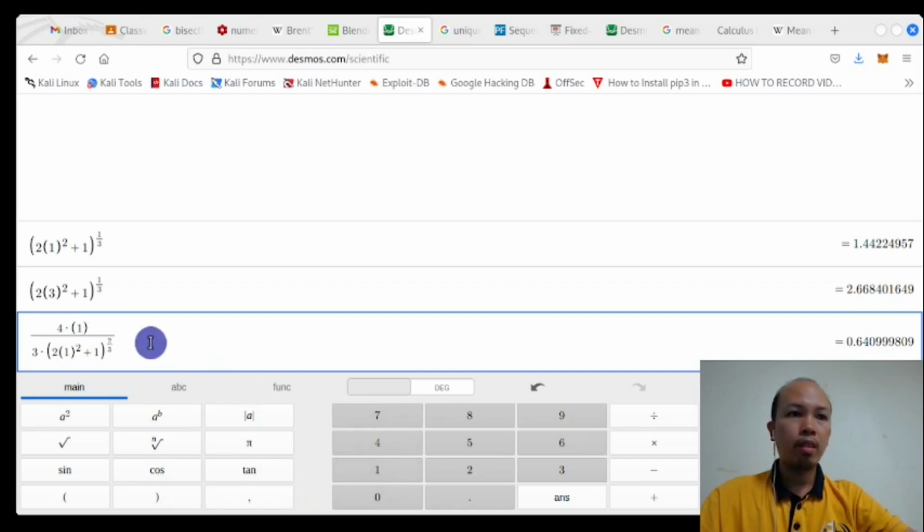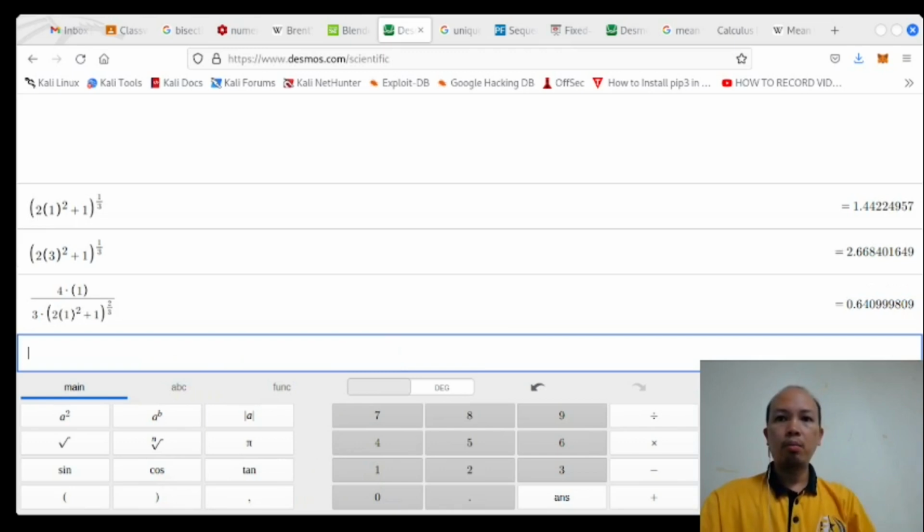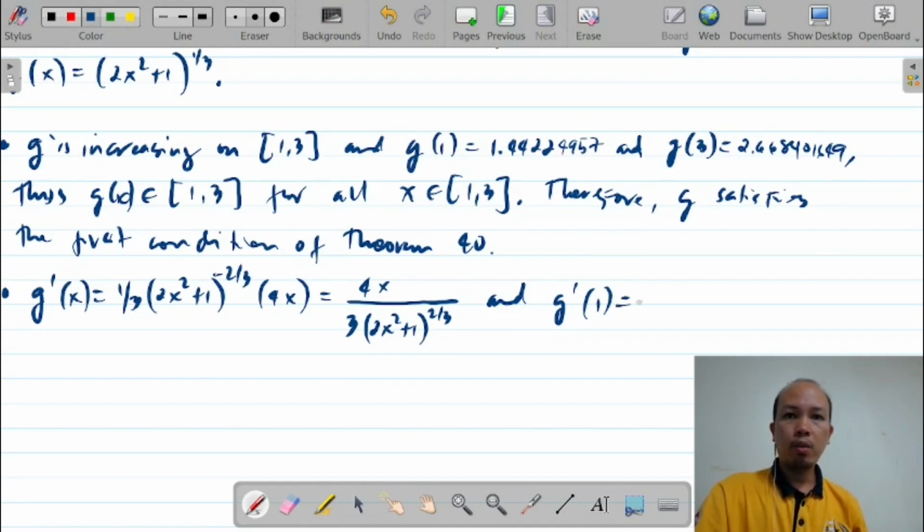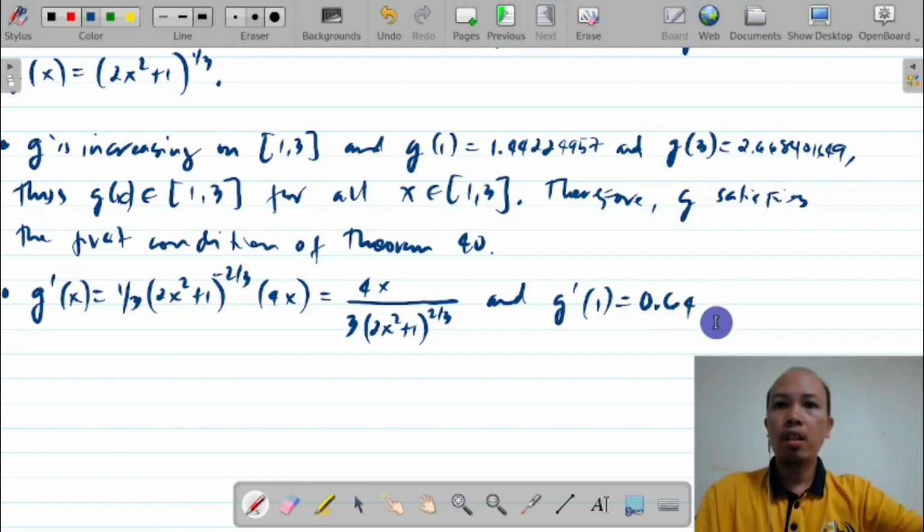Okay, so the answer is, enter, 0.64099. Go to our open board.